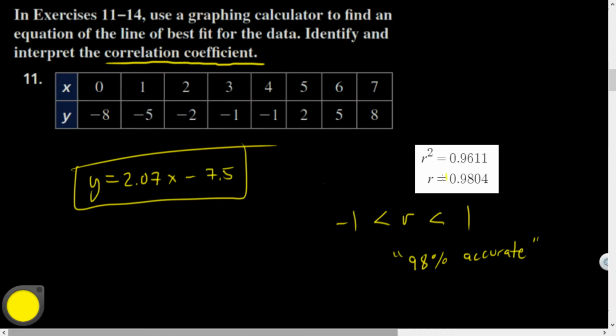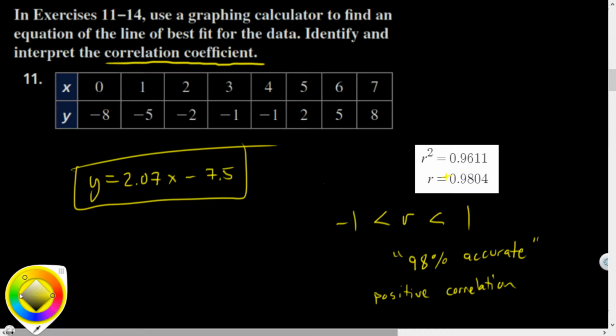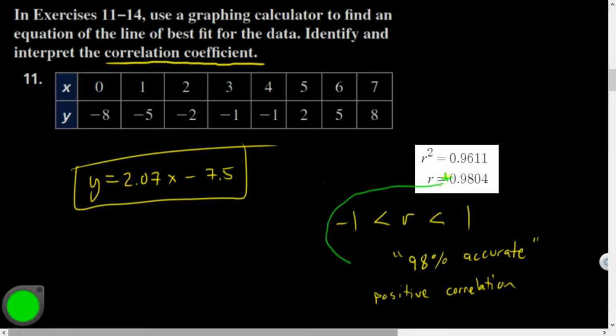Also, because the R value is positive, that means it is a positive correlation. That means as my X increased, my Y increased. The other way I could have figured that out is that this right here tells me positive correlation. Also, because the slope is positive, it's telling me the same thing.